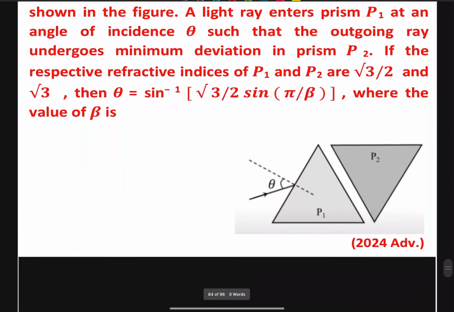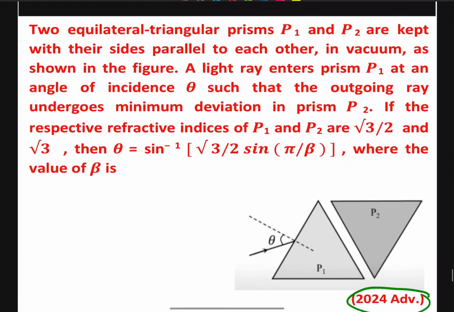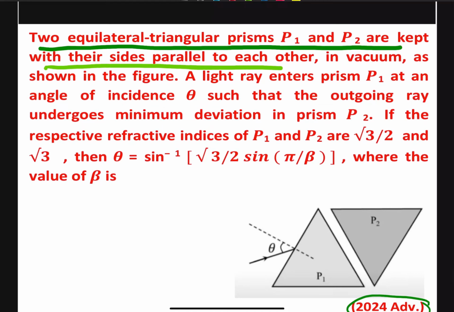So this was asked in the 2024 advanced question, as previous were all of mains, and it states that two equilateral triangular prisms P1 and P2 are kept with their sides parallel to each other in vacuum, as shown in the figure.